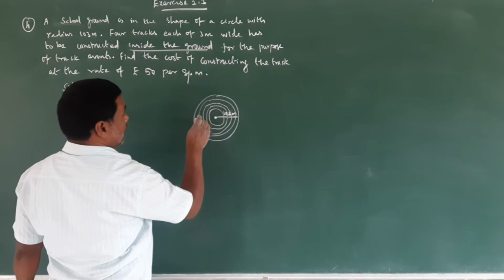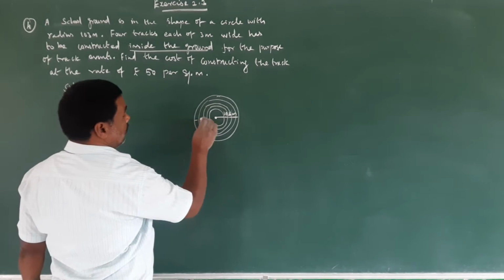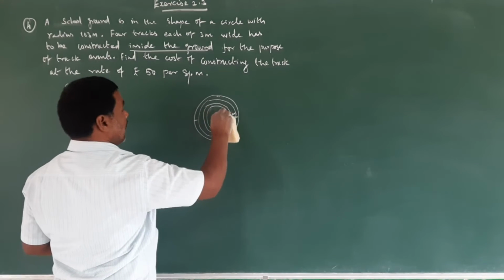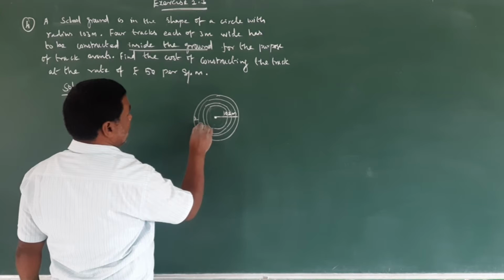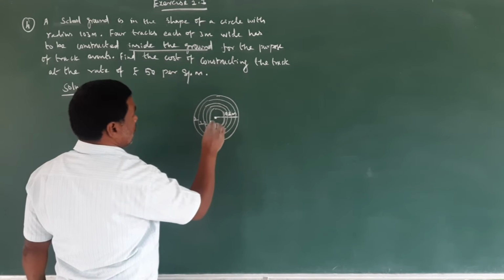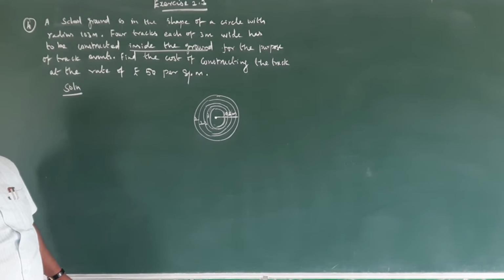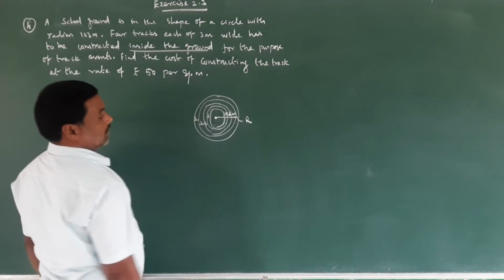How many meters? 3 meters, 3 meters, 3 meters, 3 meters. 4 tracks.